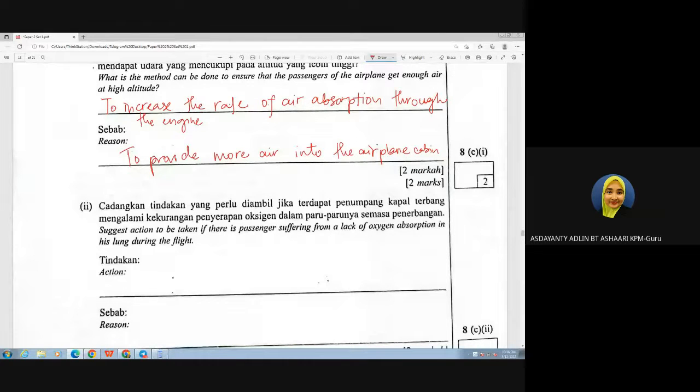Okay, suggest action to be taken if there is a passenger suffering from a lack of oxygen absorption in his lung during the flight. If you are the stewardess or steward, you have to think. Okay, what to do? What do they usually use in an emergency? They have to use the mask. So, use the oxygen mask. If you watch Western movies, usually they panic and put on oxygen masks. Why wear an oxygen mask?